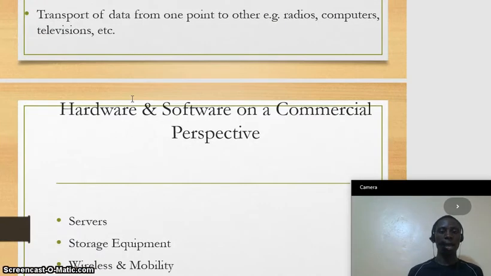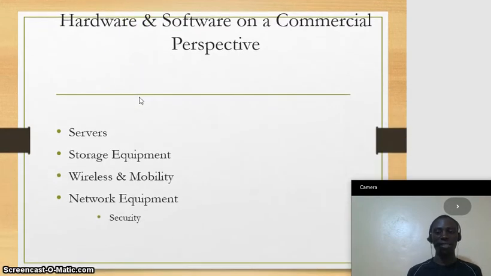Hardware and software from a commercial perspective. Let's look at these for those who like business a lot. We have servers, storage equipment, wireless and mobility, network equipment and security. Those are the hardware and software together that form what we look at from a commercial perspective.